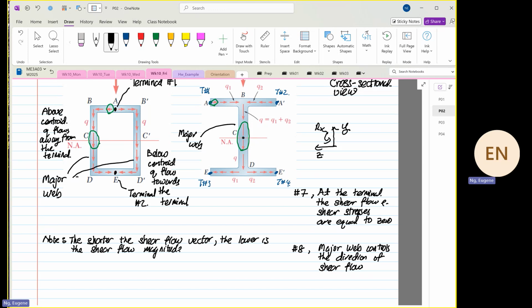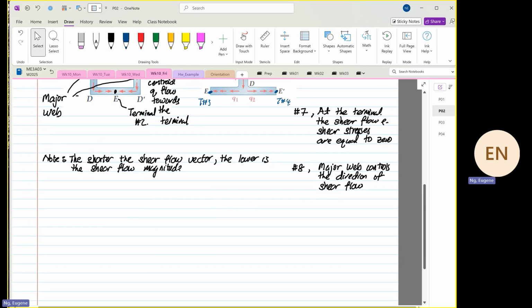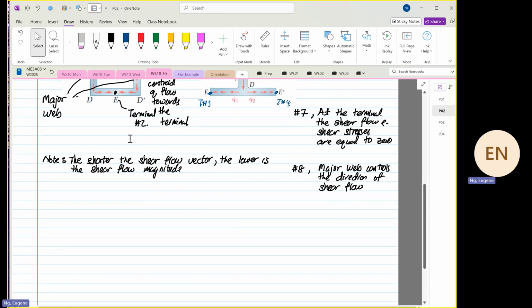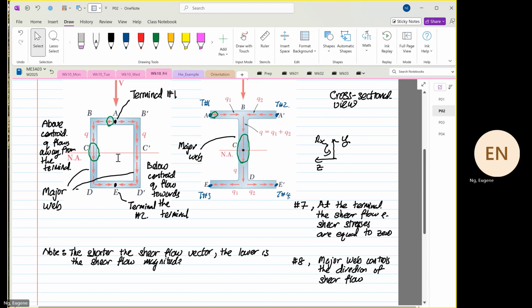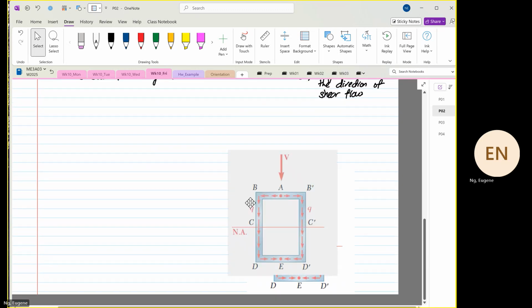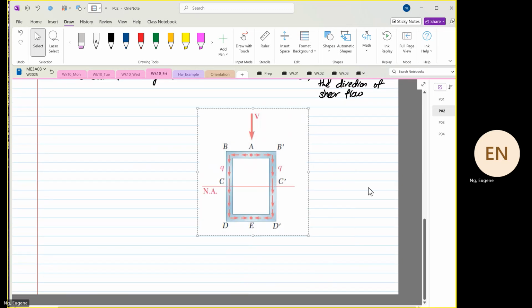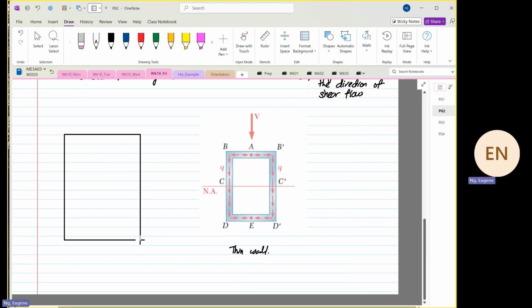What is the difference between thin wall and thick wall? Okay. I'm now going to highlight the difference between thin wall and thick wall. Now, this is thin wall. And then I'm going to draw the structure on the right-hand side.